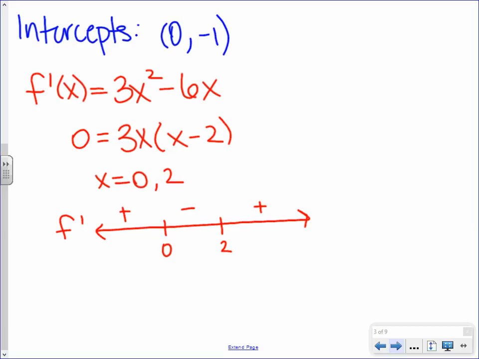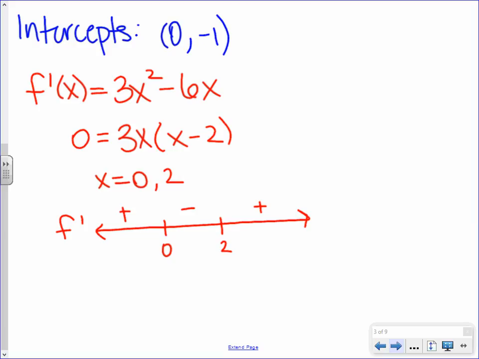When our derivative is positive, Aaron, what does that mean about our function? If our derivative is positive, what does that mean about our function? What does the derivative tell us?